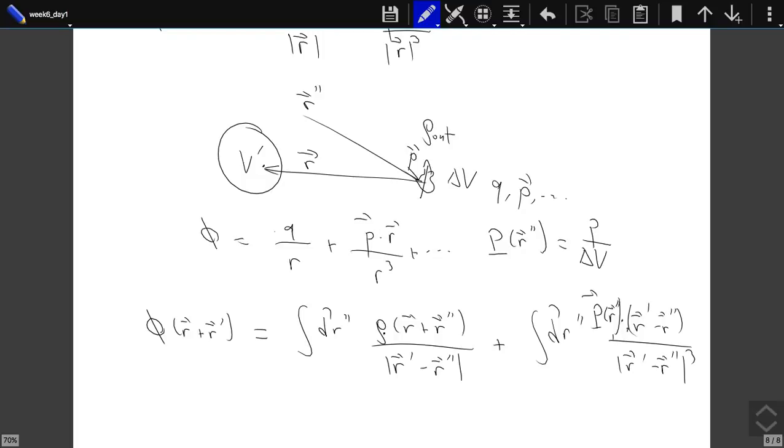Rho is a function of position, and I'm always assuming that the argument of rho is the position of the point relative to the origin. R double prime is relative to the center of V prime. So to write it relative to the origin, I have to add the position of the volume relative to my origin. That's why I keep on writing rho of R plus R double prime.